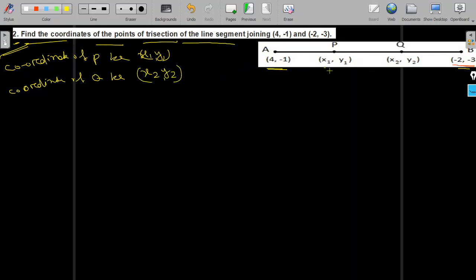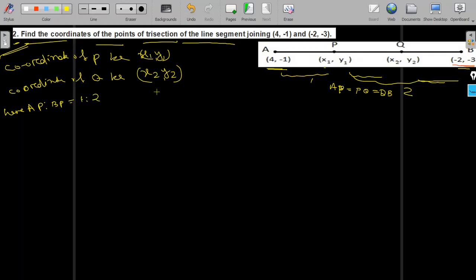We have to find the coordinates of point P and point Q. Now P divides AB in the ratio 1 is to 2, total 3, since AP is equal to PQ equal to QB. Therefore AP is to PB is equal to 1 is to 2.